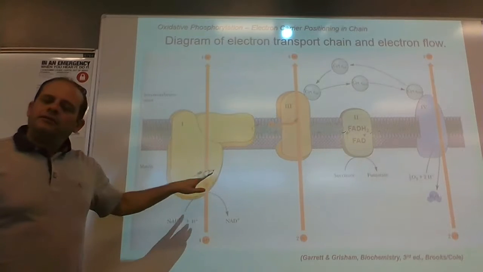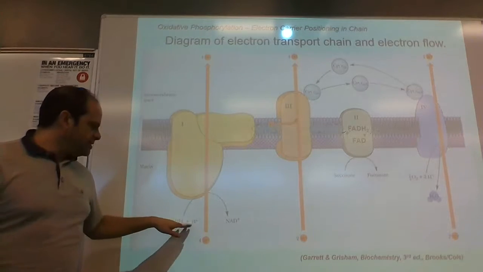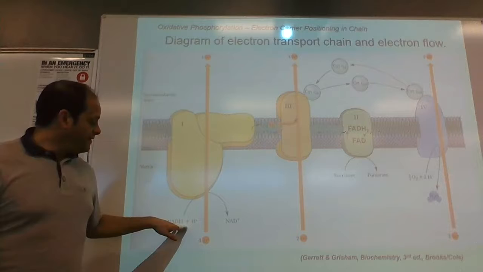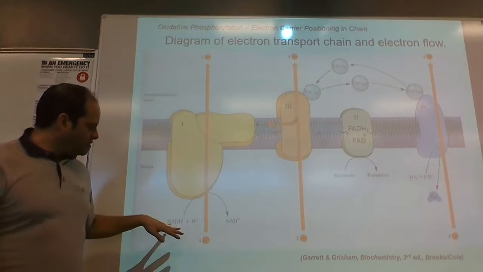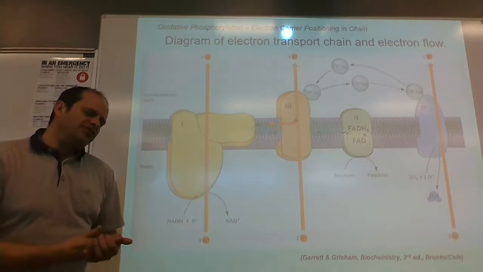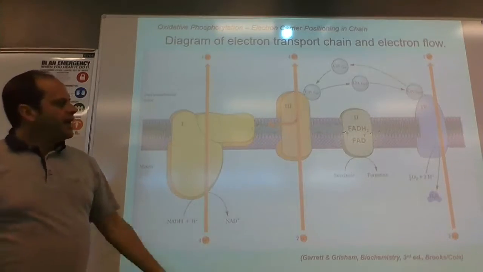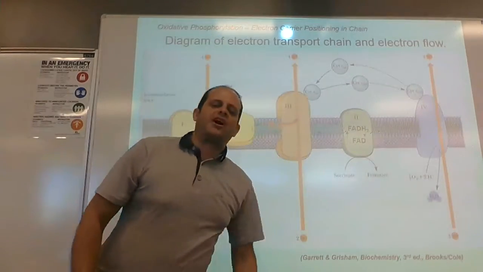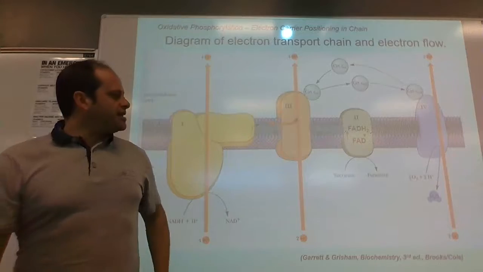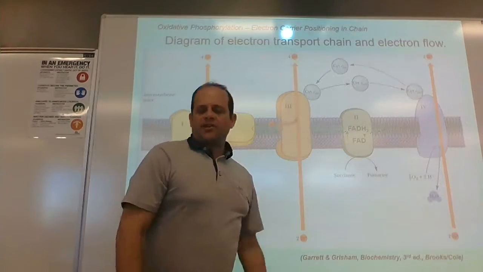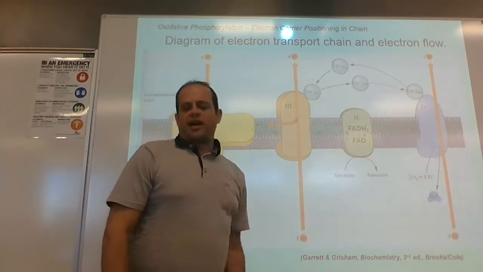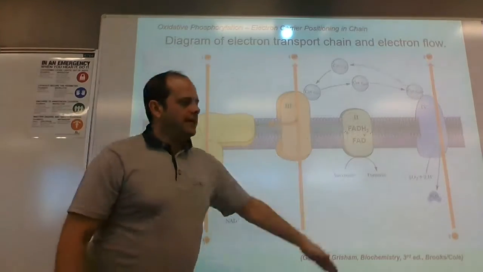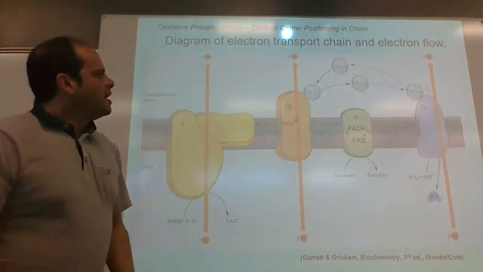NADH, you can see here, is the reduced form, with its high energy electrons and its hydrogen ions. And then you also see that FADH, which comes from one stage in the citric acid cycle, also delivers its high energy electrons and hydrogen ions, but at a different location in the electron transport chain.